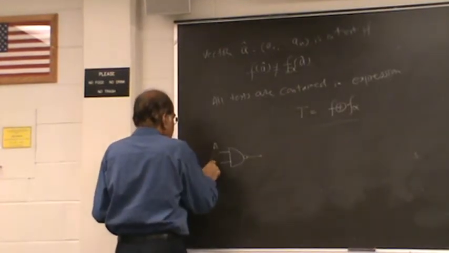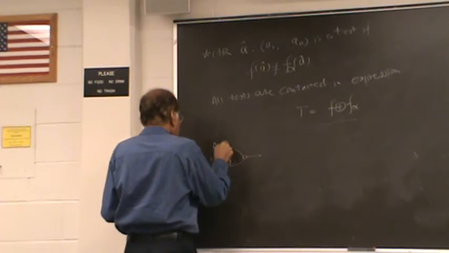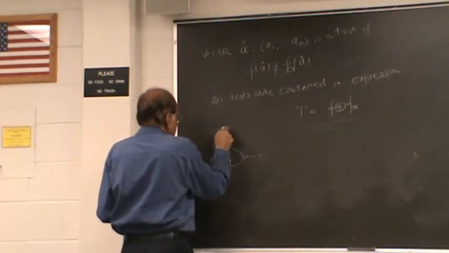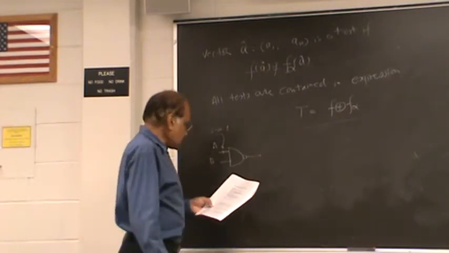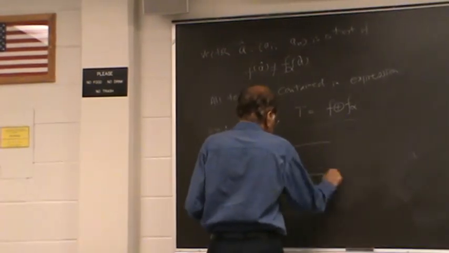Let us say here we have the circuit A, B, and here's the output. And let's assume that this is a fault, and let's assume this is a stuck at one fault. So what is the normal function?